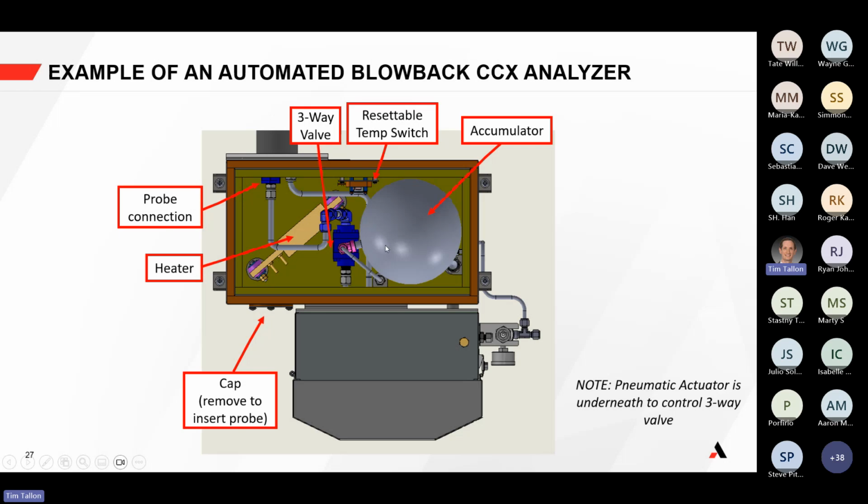And what it does is, when it's time to initiate a blowback, whether that's automated or manual or timed or based off of a percent of flow, once there's an indication to do blowback, this three-way valve protects the analyzer from the high pressure air. And so the three-way valve initiates, and as that three-way valve initiates, the high pressure heated air forces through the system and out to blow off the probe and filter.